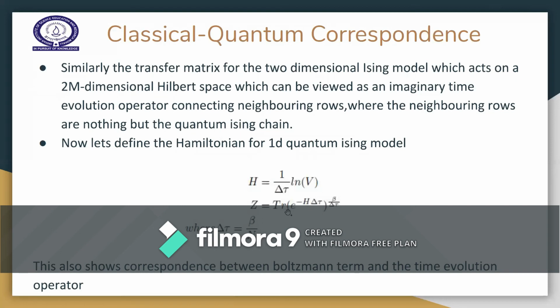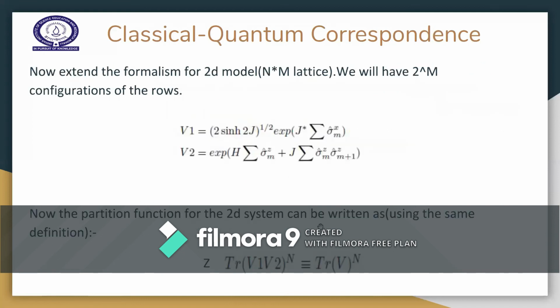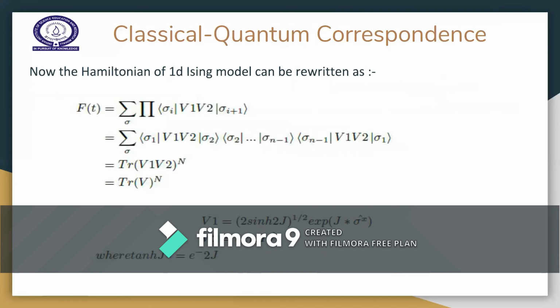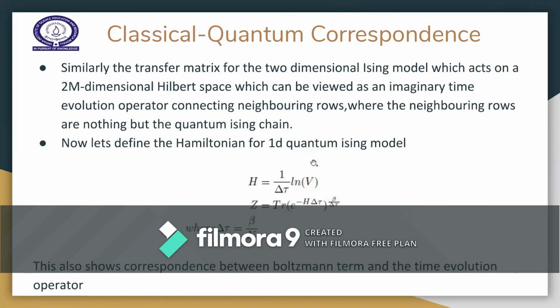By this, we can see a clear correspondence between these two models. And not only this, there is also a correspondence between the Boltzmann term and the time evolution operator. In the classical picture, we had this Boltzmann term, and in the quantum picture we have this time evolution operator. So this is a very interesting topic.